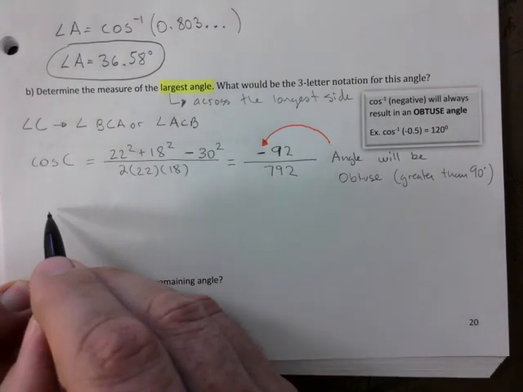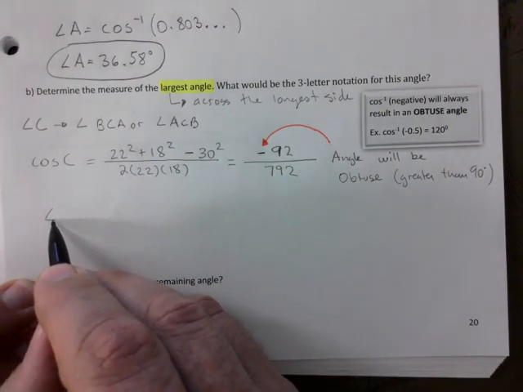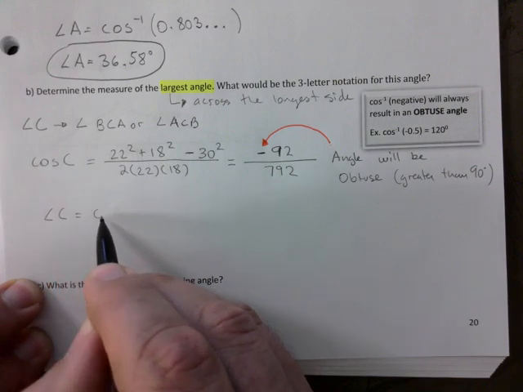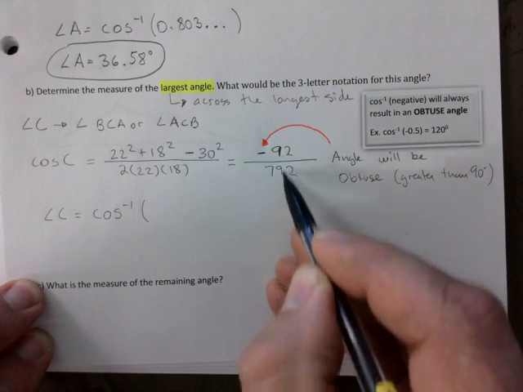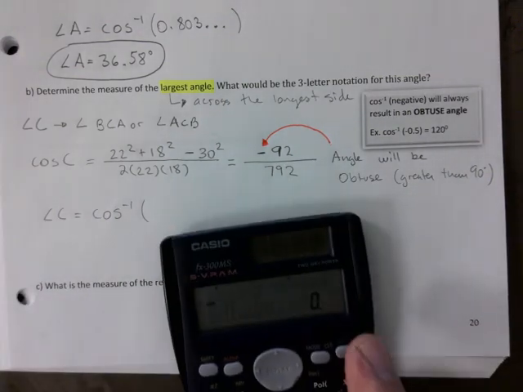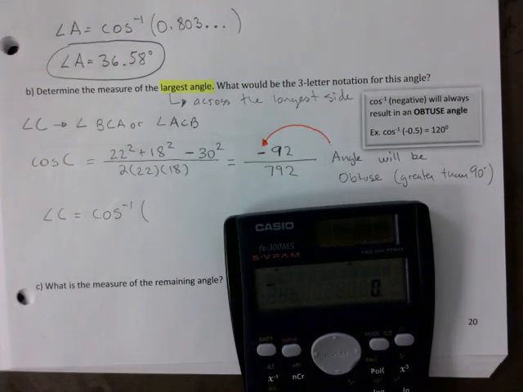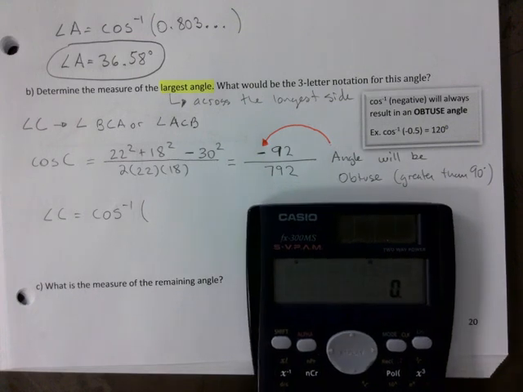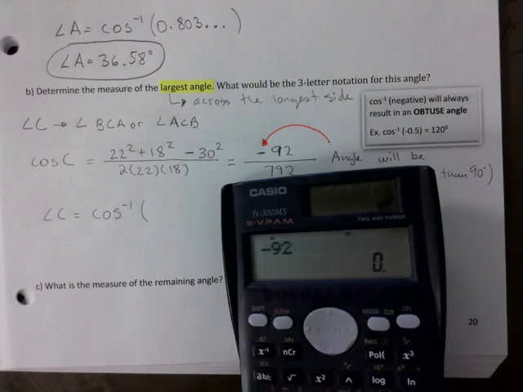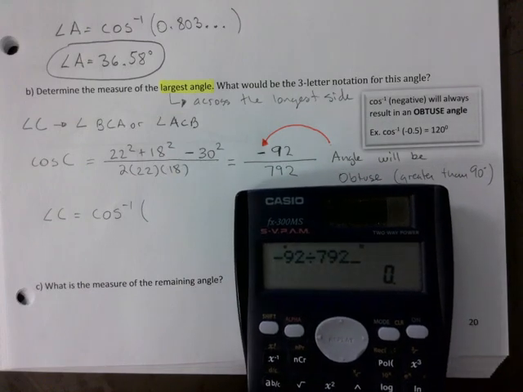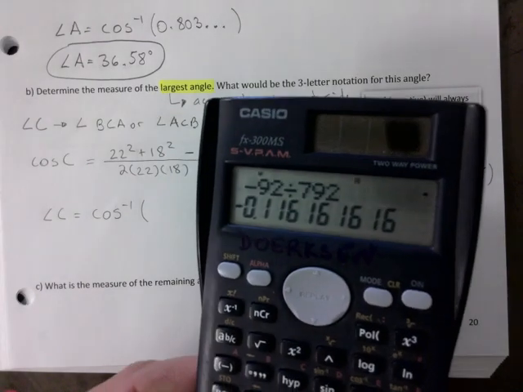So here we go. I will go angle C is cosine inverse of, let's figure out what this is as a decimal. And you got to be careful, the negative has to follow here. So use your calculator for this. Minus 92, I'm actually entering it like that. Divided by 792, you get a negative, right?